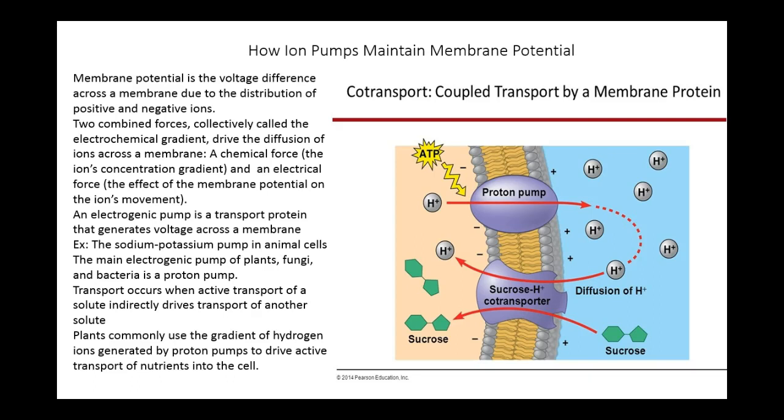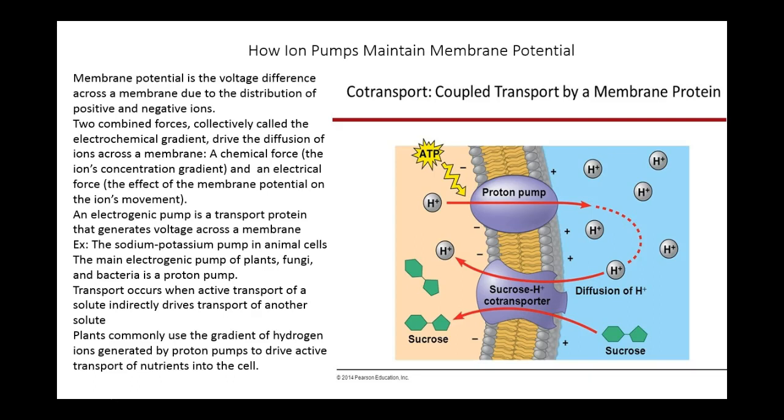The sodium-potassium pump would be the same, a type of electrogenic pump, where you have a membrane potential, and that tends to be a little bit more negative on the inside of the cell than outside the cell. It's the potential for something to happen just because of the difference in charge.